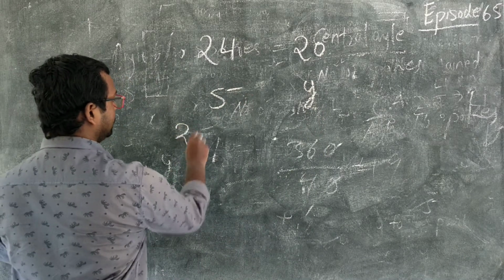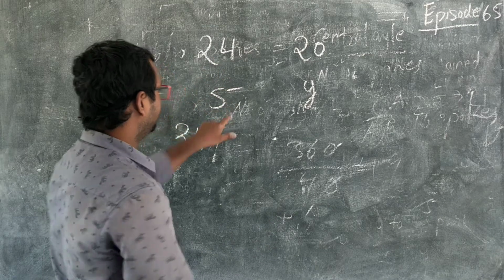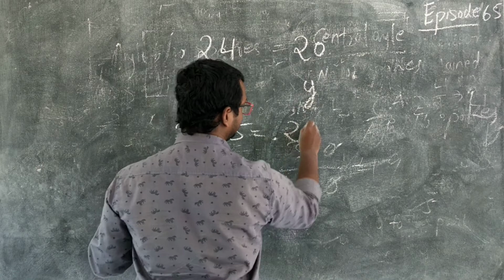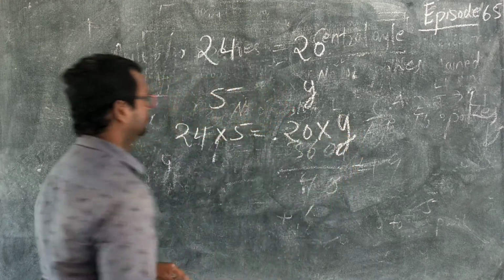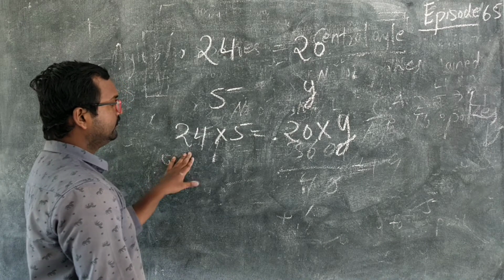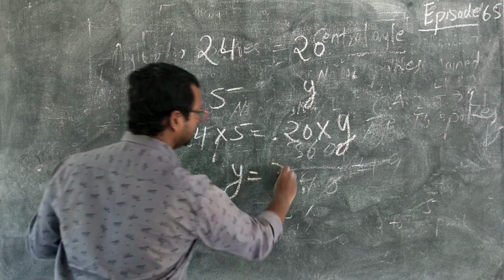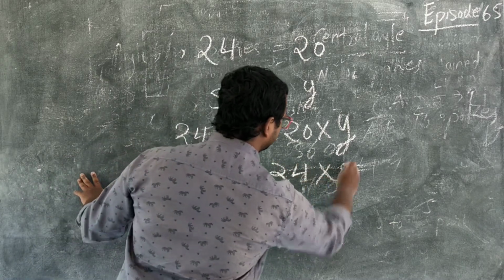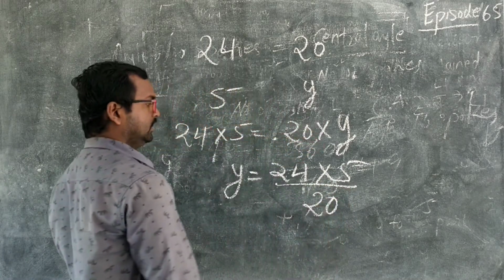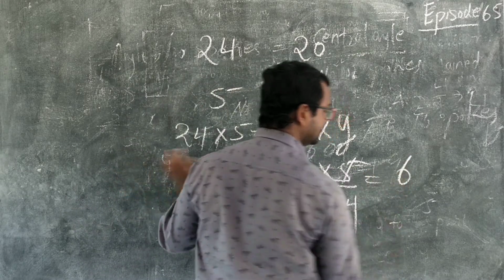We know the formula x1 y1 is equal to x2 y2. We want to find the value of y, so keep the y value here. 24 into 5 divided by 20. 120 divided by 20 is 6.